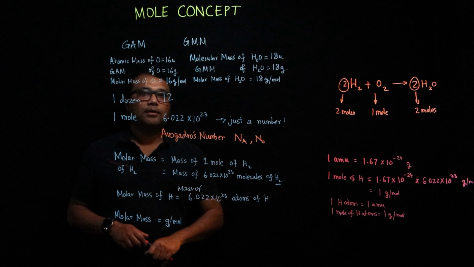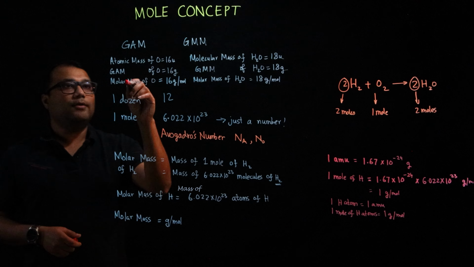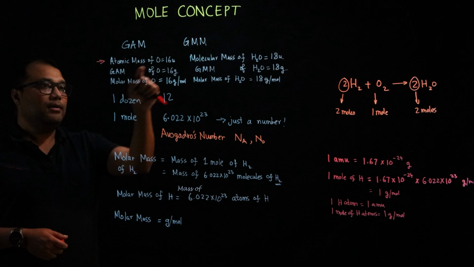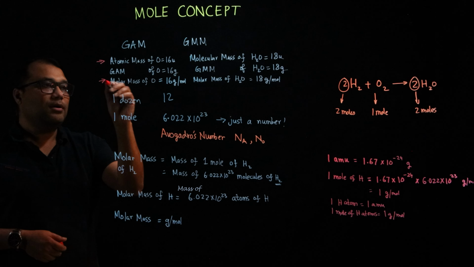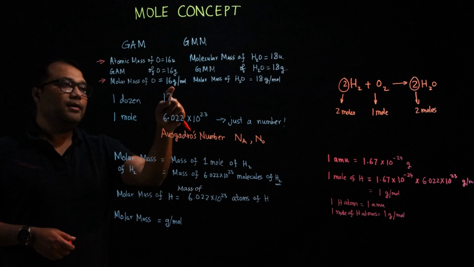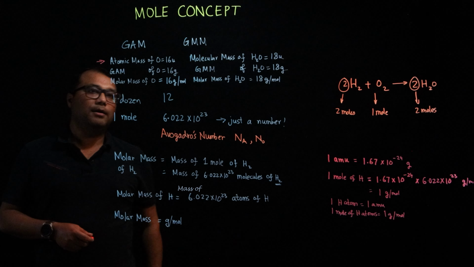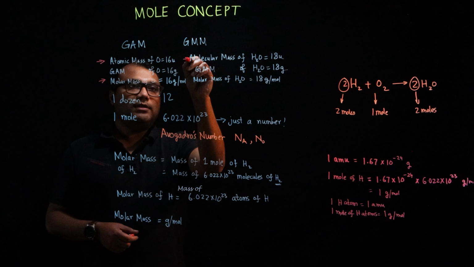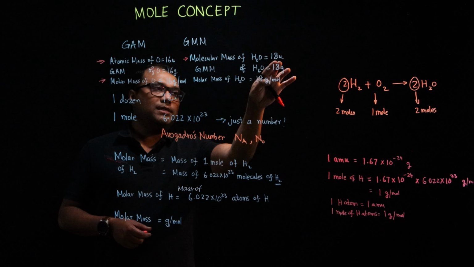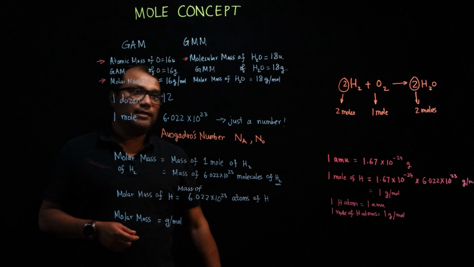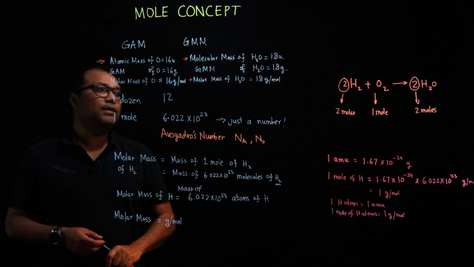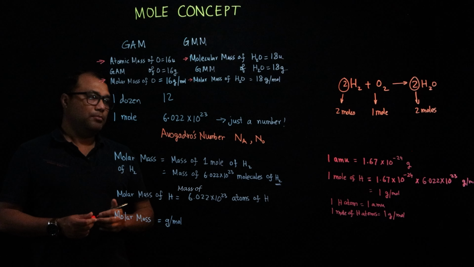So from that it follows that whatever is the atomic mass of oxygen, the molar mass of oxygen will be simply gram. The same number, gram per mole. Same thing. Whatever is the molecular mass of a substance, for water it's 18 u, then the molar mass of water is 18 gram per mole.